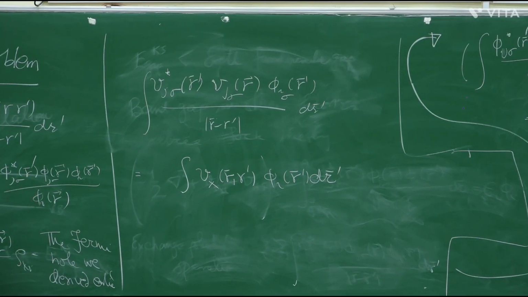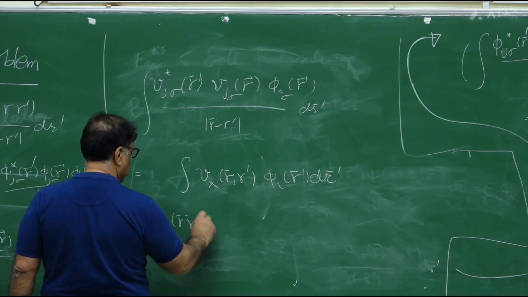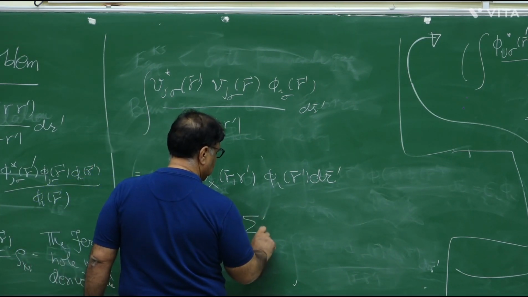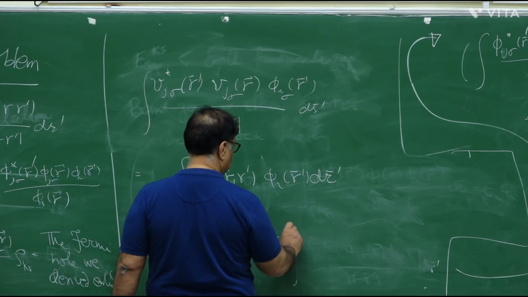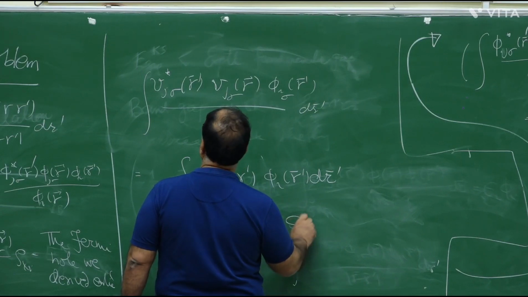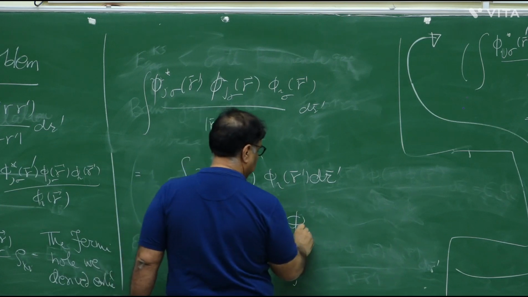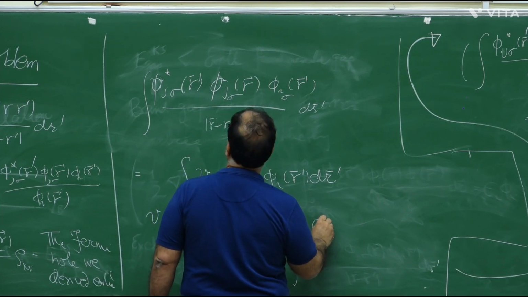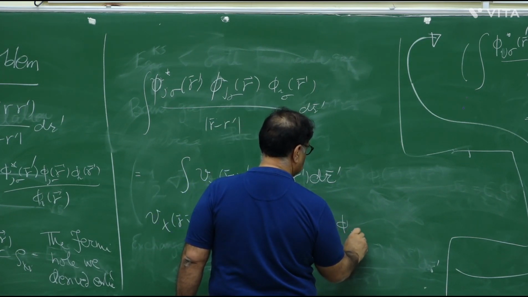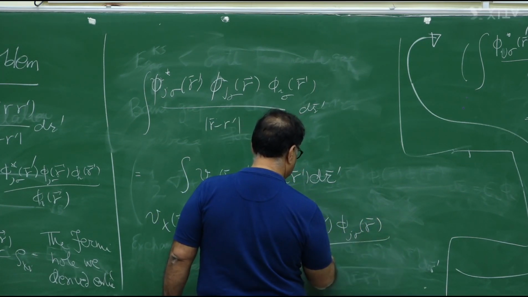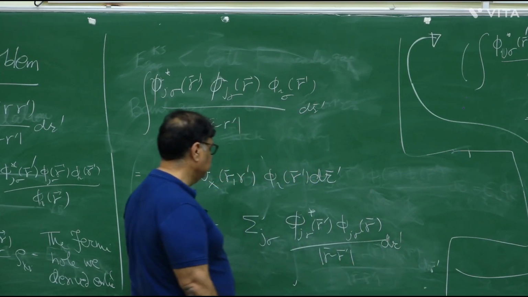It's not a multiplicative potential anymore. And V x(r, r prime) is equal to the summation over j, sigma, for the sigma orbital, phi j sigma(r prime) star phi j sigma(r) over |r minus r prime|.